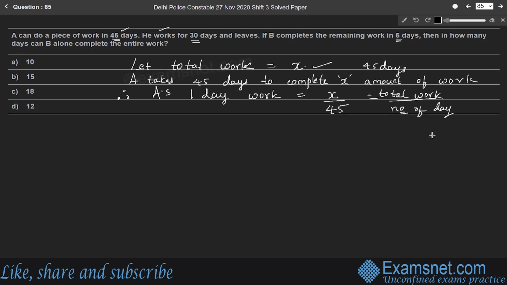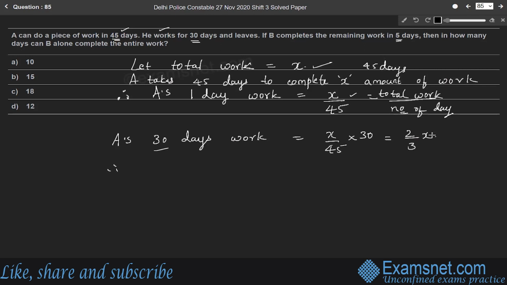Right? So, here, another part of the question. He works for 30 days and leaves, but he works only for 30 days. So, A's 30 days work is equal to, if X by 45 is his 1 day work, his 30 days work will be X by 45 into 30, which is equal to 2 by 3X. Right?